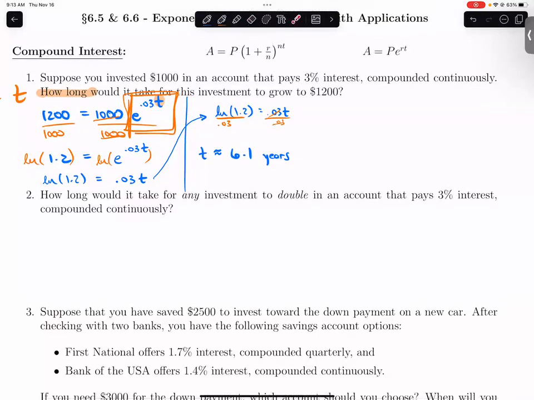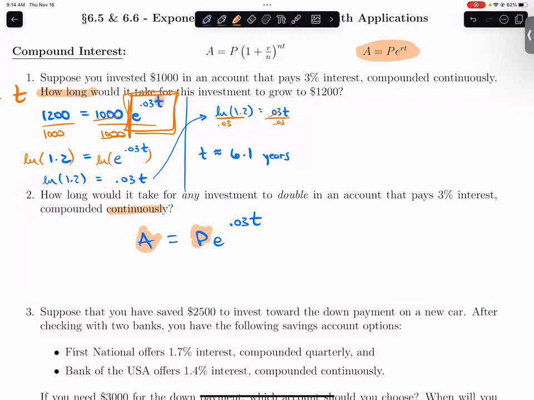The question is how long? So we're looking for T, right? Okay, so continuously, so we're using this. So A is PE to the interest rate 3% times T, trying to find T. But what I didn't give you are values for these. So how do we deal with that?